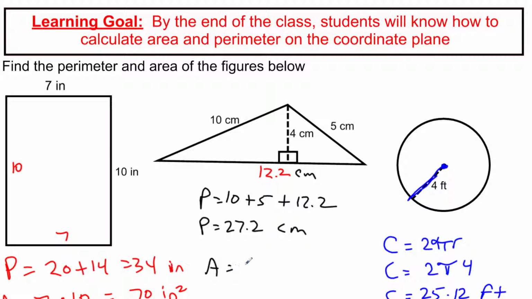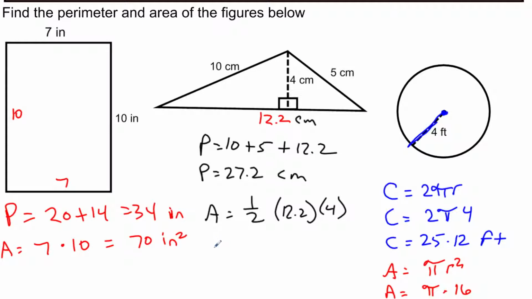So I'm just going to say the area is 1/2. My base is 12.2, okay, and my height is 4. Okay, and so if you do this and multiply this out, you get about 24.4. So I'm going to say 24.4 centimeters squared. Okay, and that would be the area of this triangle.